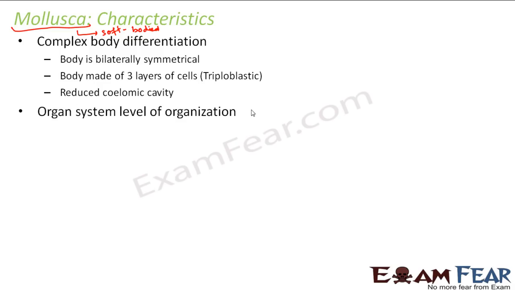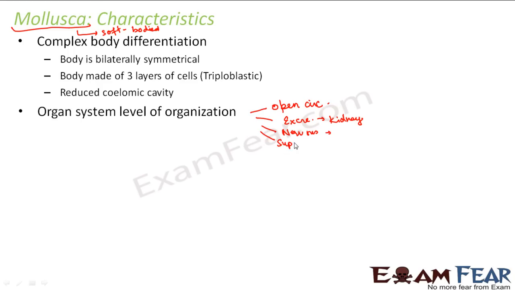Here also we have different organ systems. They have an open circulatory system. In the excretory system, we have organs like kidneys. For the nervous system, we have nerve cords. And also for support, we have a hard exoskeleton.